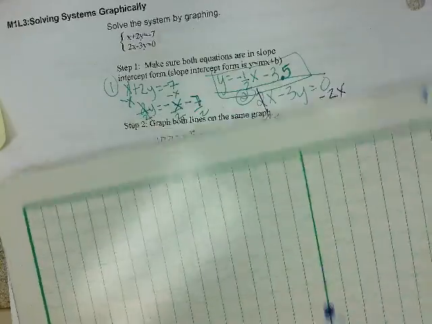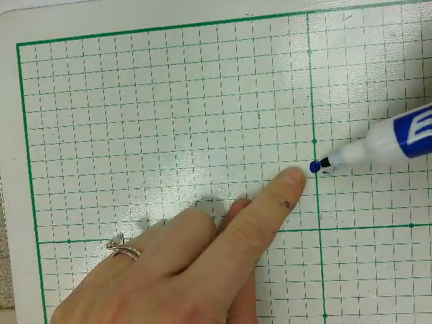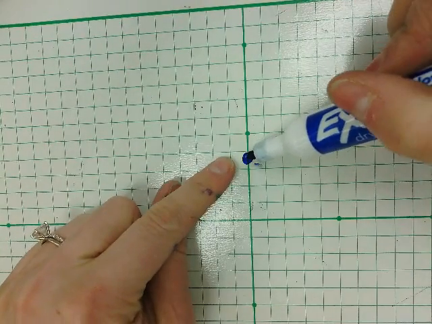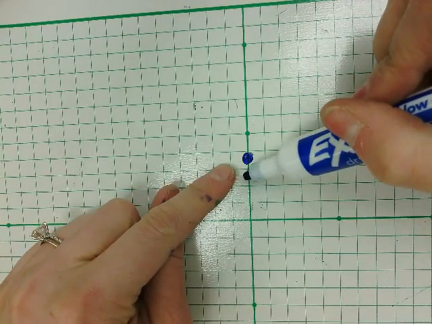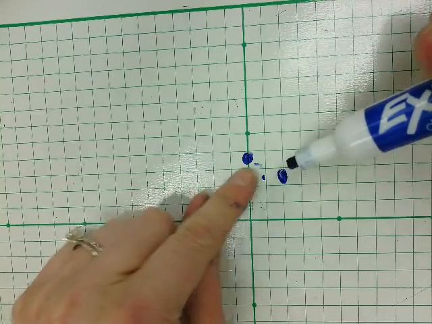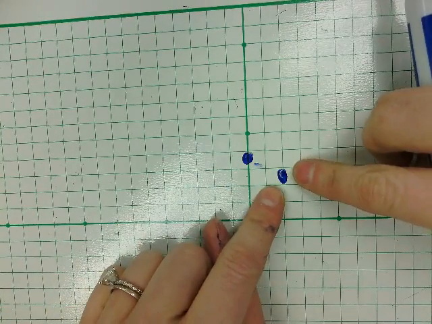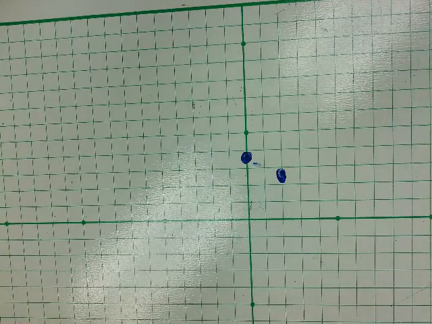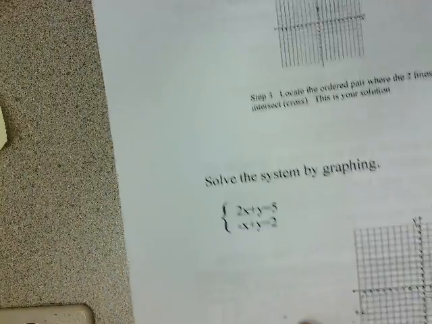And then from there, my slope was negative 1/2. I would have to count by halves. So down 1, right 2. So that would be my other point. It'd be another half. Okay, so we'll skip that one. That was good practice to solve.